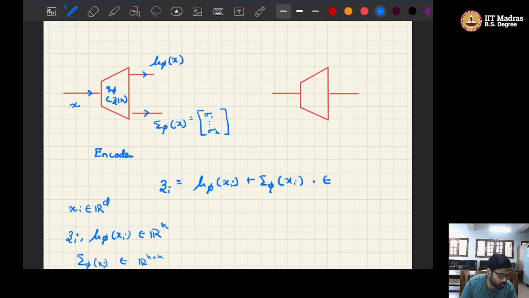Then the decoder, represented by another neural network, p theta of x given z, takes this z_i as an input and gives the reconstructed x. This is the overall structure.